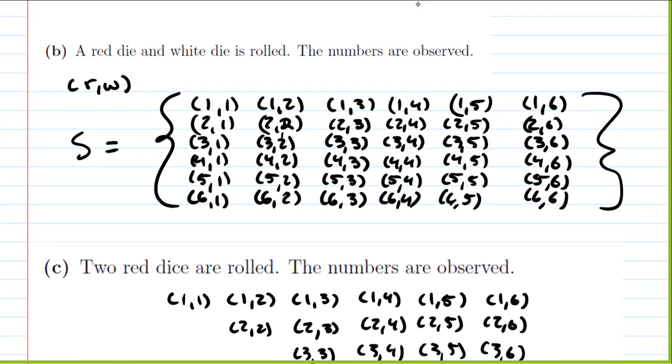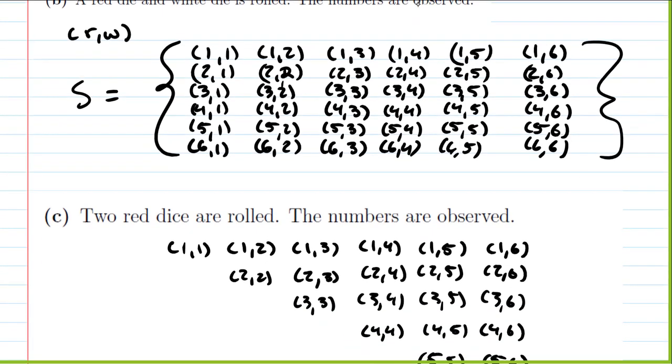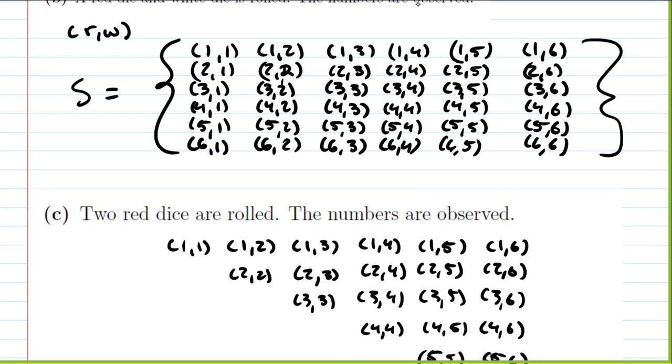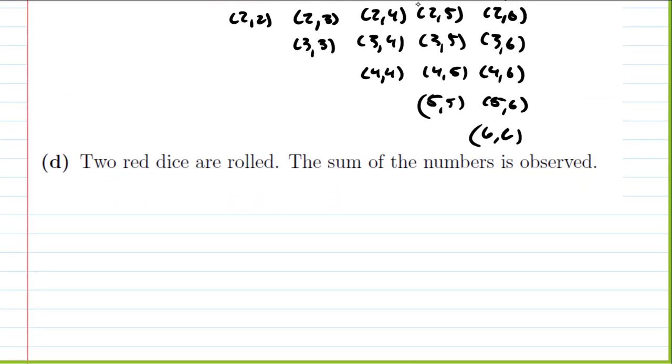Well, let's go back to this one. If we roll 2 dice, what's the smallest possible number we can get? 1 and a 1, and what's that sum? 2. And if we roll 2 dice, what's the biggest number going to be? 6, 6, which would give us 12. And can we roll every number in between? Certainly.